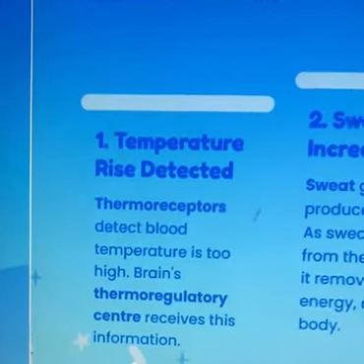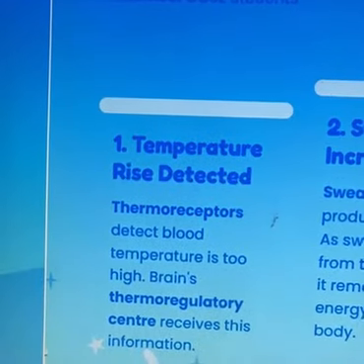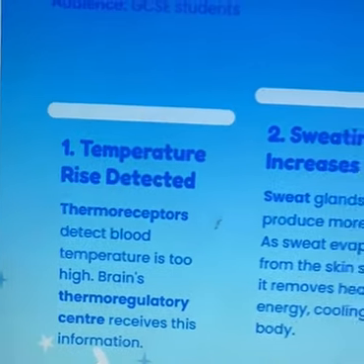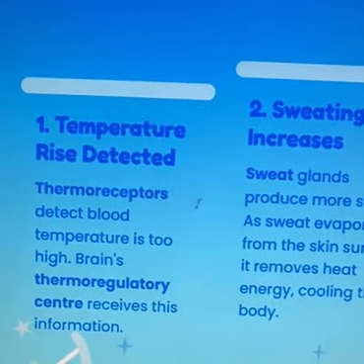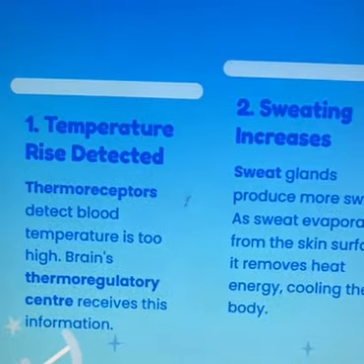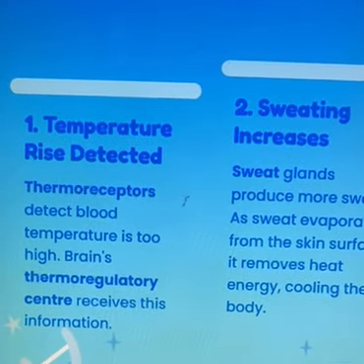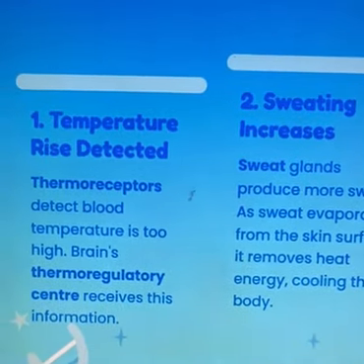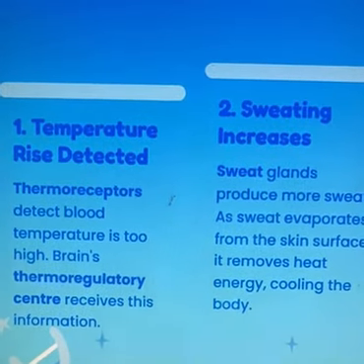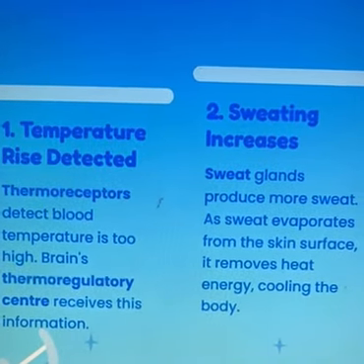First the temperature rise will be detected, so there will be thermoreceptors. These receptors will detect the change, detect that blood temperature is too high, and send the signal to the brain.